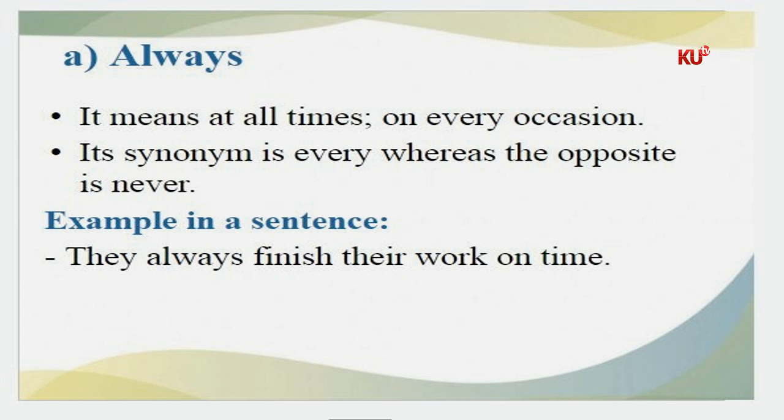Now our adverb of frequency here is always. I've said it means all times, on every occasion. It is a synonym. You know that synonyms are similar words. And so the synonym of always is ever. Its synonym is every, whereas the opposite is never.